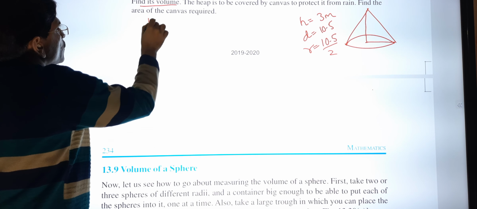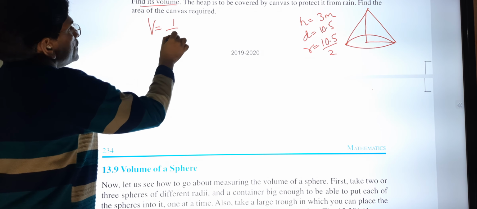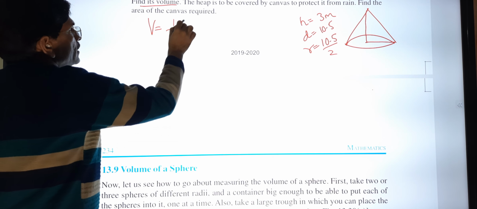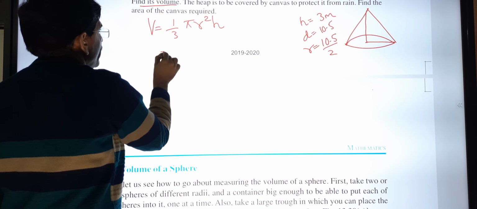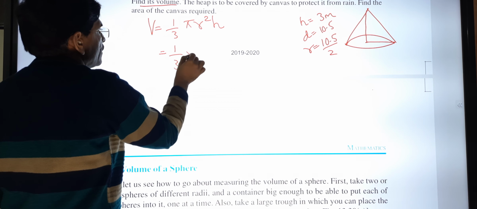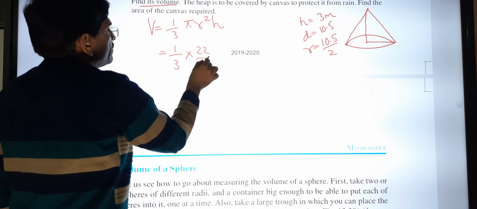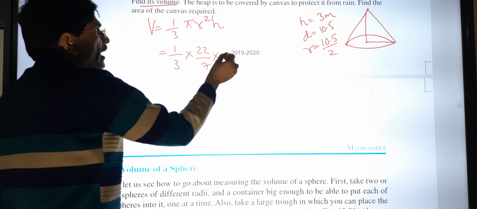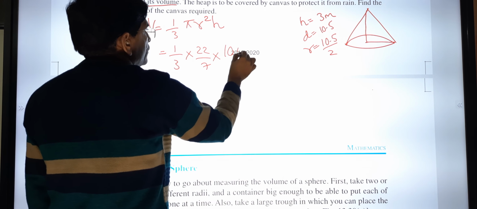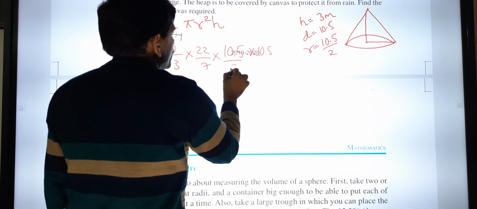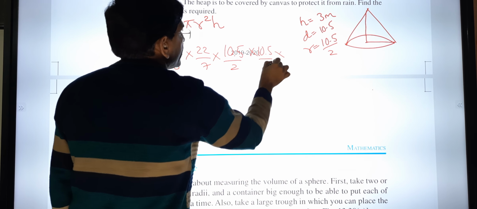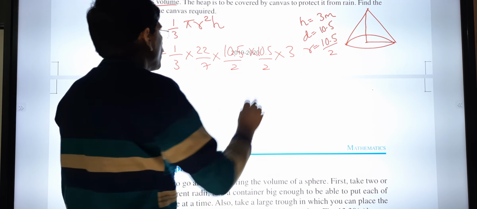So V is equal to 1 by 3 pi r square h. So 1 by 3 pi, that is 22 by 7. Now r square, so I have to write 2 times, 10.5 into 10.5 and again divided by 2 into height h, that is 3.